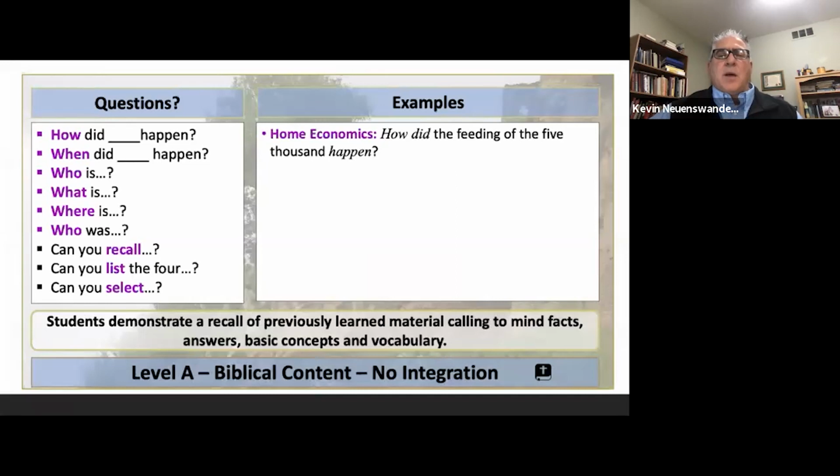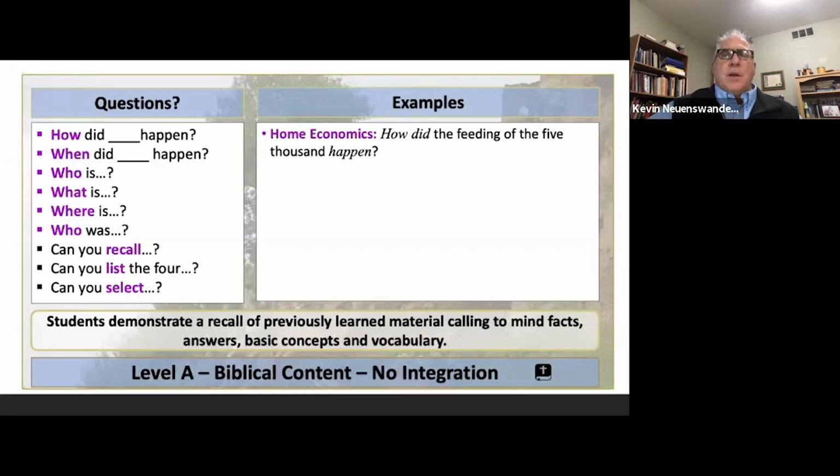So home economics: how did the feeding of the 5,000 happen? So if you just read that and you are doing the reading, and you have a group of 4 or 6 kids together, you number them off. So this would be numbered heads together. We talked about a couple slides ago.